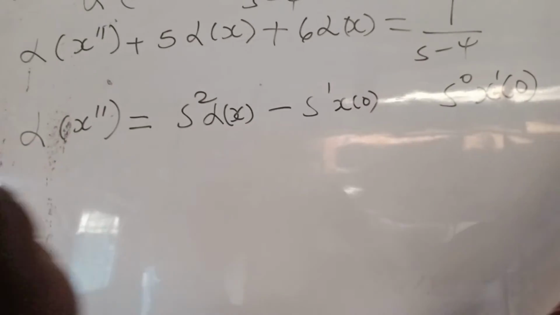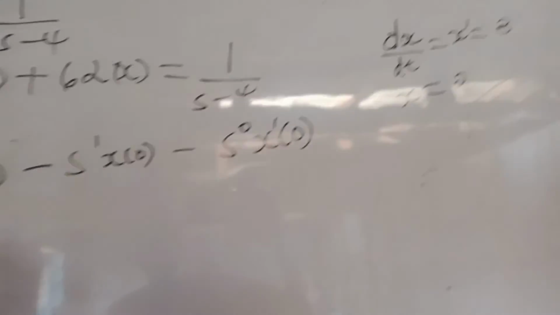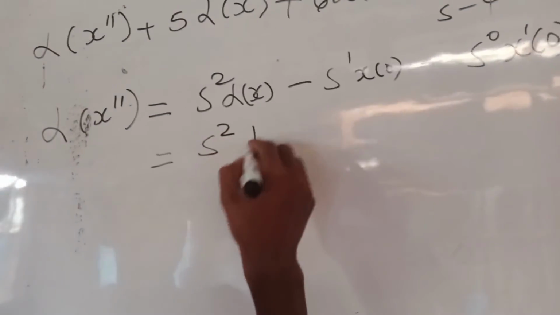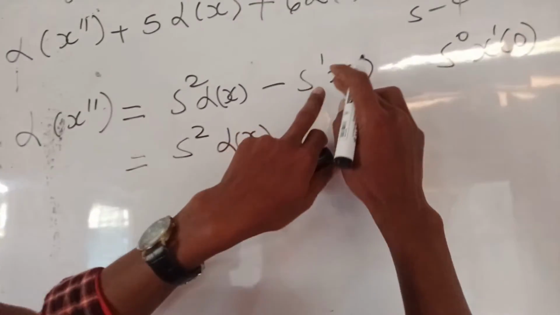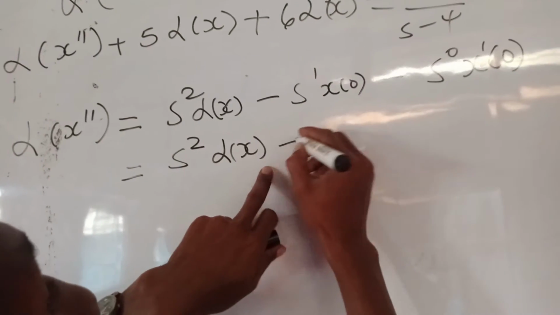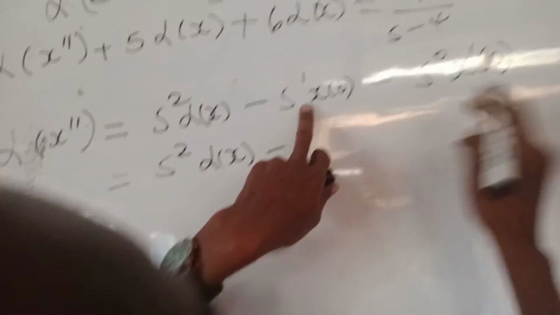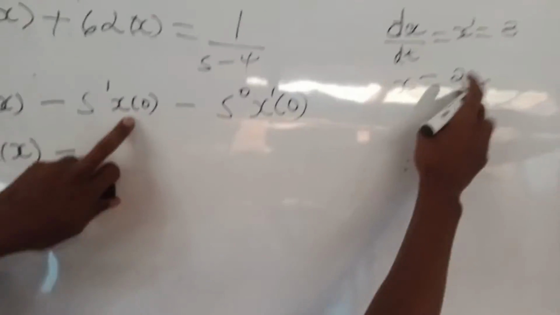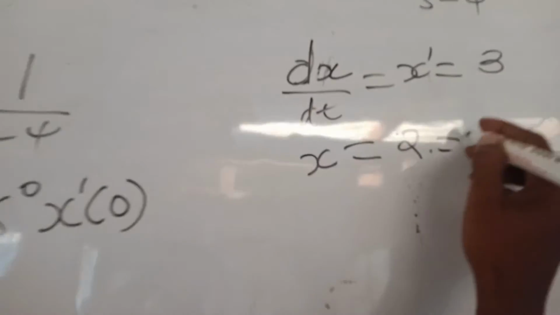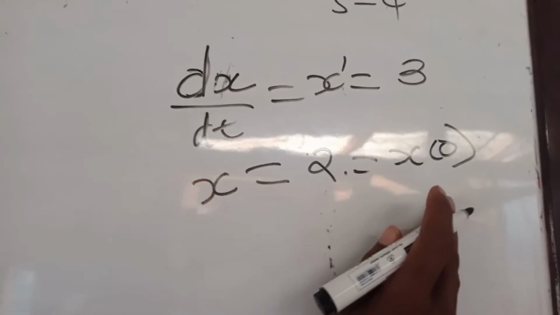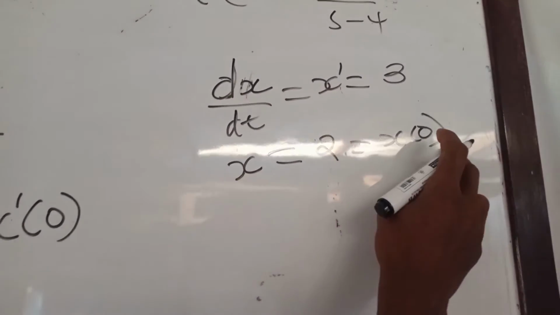So we replace these values here, so it will be s squared L of x. This s power 1 will be minus s, but now this is x power 0, which can be written as x into 0. So x, not x power 0, it is x into 0.